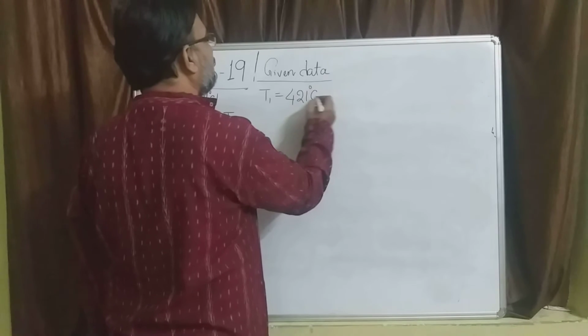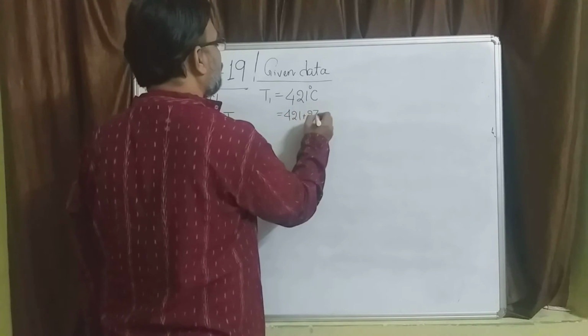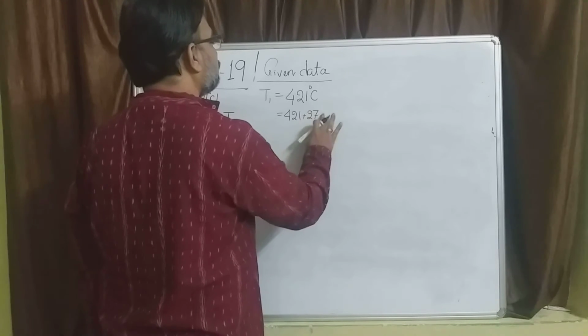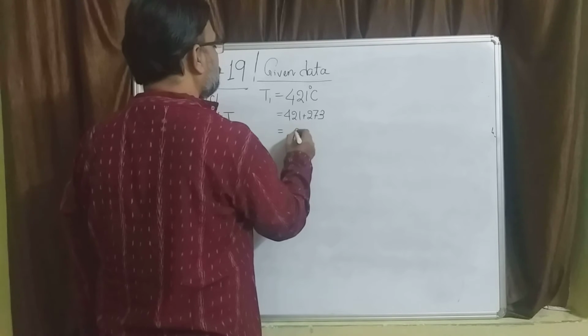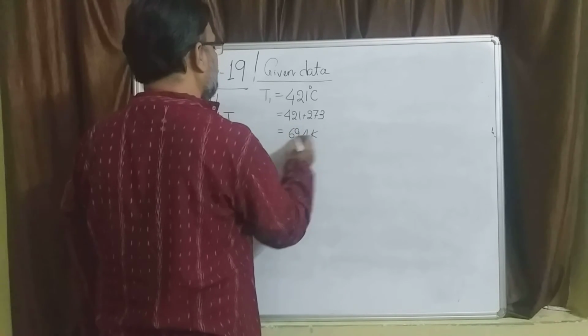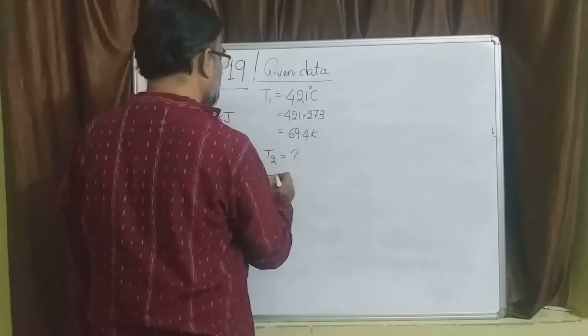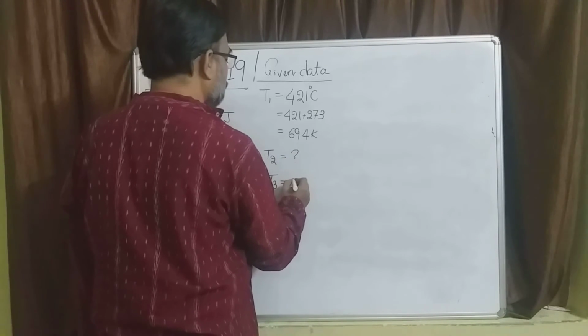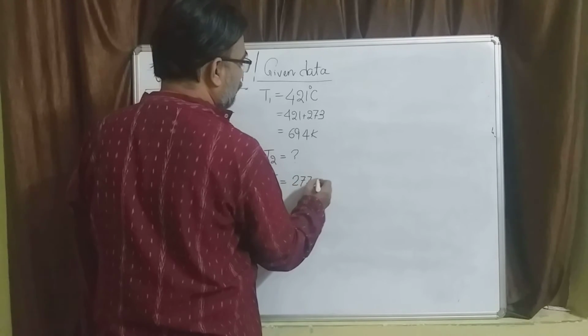So 421 plus 273, how much? 694 Kelvin. T2 is not known. T3 is 273 plus 4.4, 277.4 Kelvin.